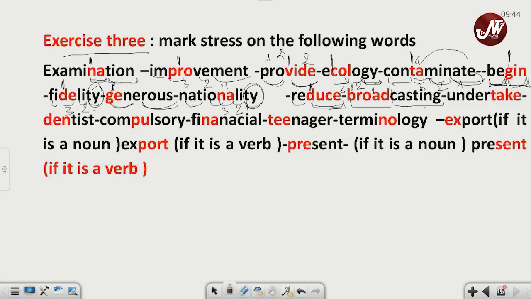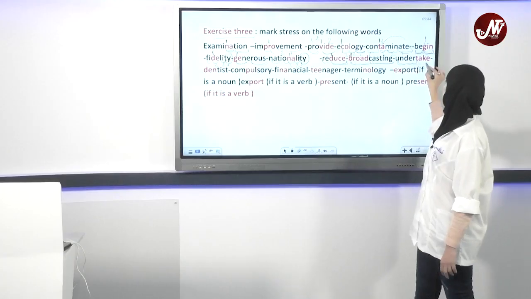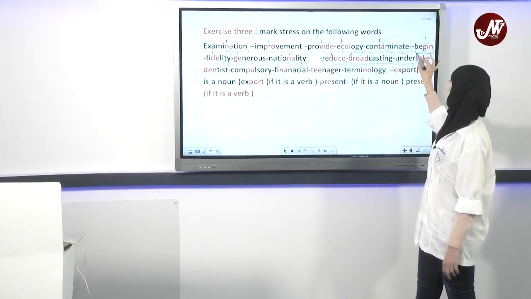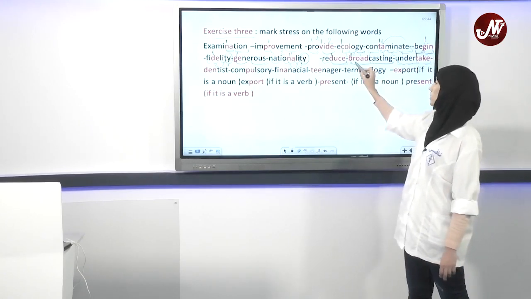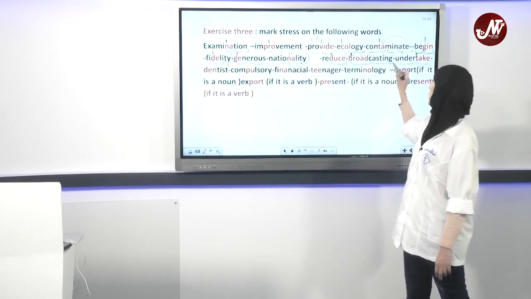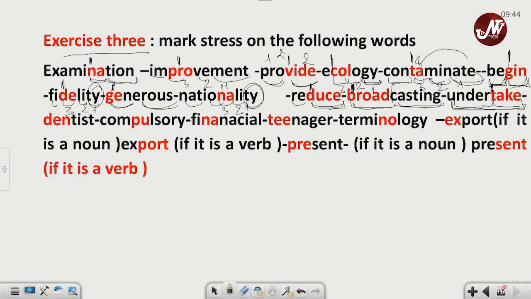So as we have seen with compound nouns, we stress always on the first one, broadcasting. Then we have the verb undertake, a compound verb, we stress on the second part. A compound noun, we stress on the first. A compound verb or a compound adjective, we stress on the second part of the word.